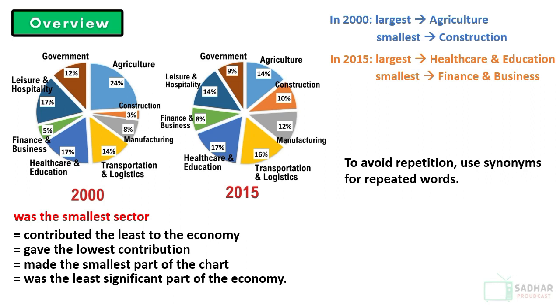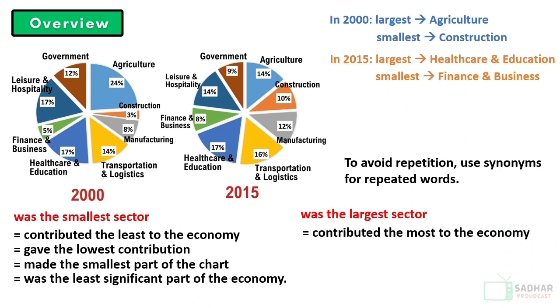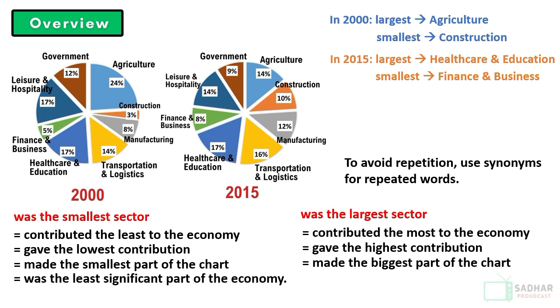All of them mean the same. And for example, for the largest sector, it is written was the largest sector. You can say contributed the most to the economy, or gave the highest contribution, made the biggest part of the chart, and the last one was the most significant part of the economy. All of these expressions are just the same. We can use alternatively as a variation.